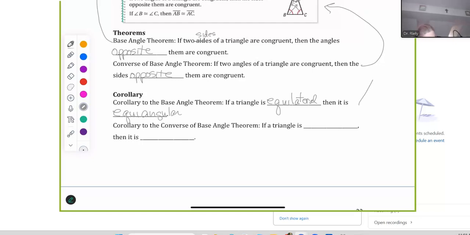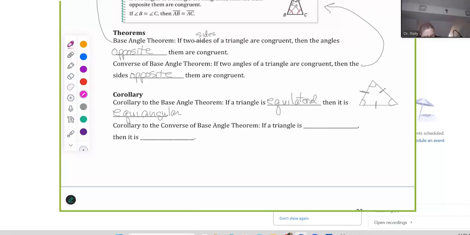So if you have a triangle, and if they mark these three sides equal, guess what you can do? You can mark the angles opposite those sides equal. Okay, so that's what that means.